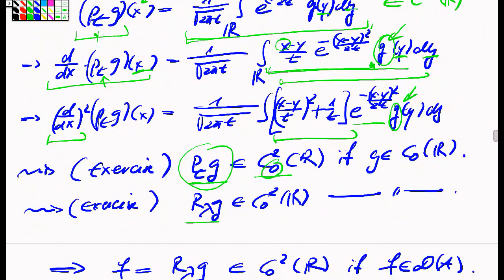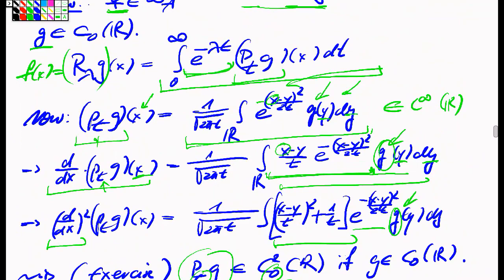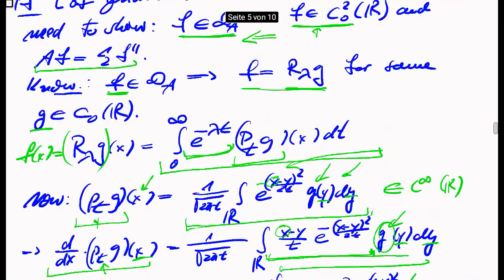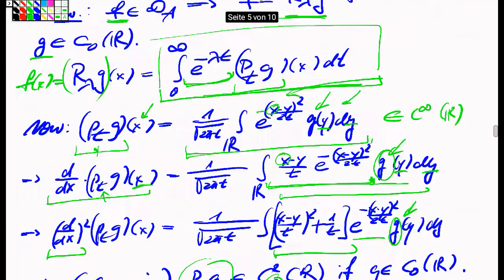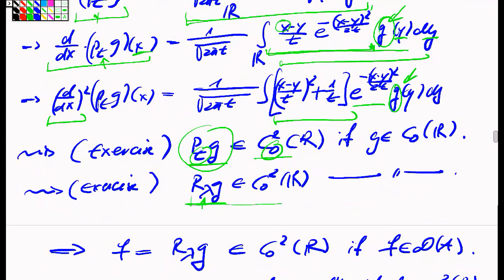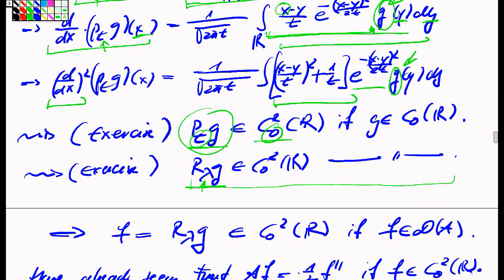I also leave it as an exercise to show that if we do this additional integration with respect to the time parameter, together with a sufficiently fast, exponentially decaying weighting factor in front, which guarantees that this whole integral converges, then this implies that the whole resolvent on such a function g is in fact a C2 smooth function which vanishes at infinity. So that's a little bit of an exercise, but I'm convinced that you can do that on your own.